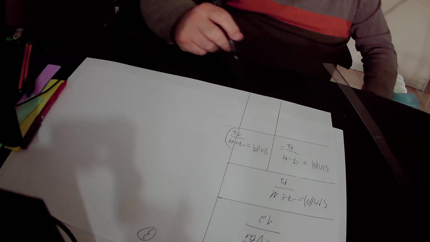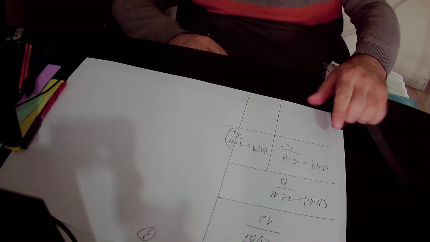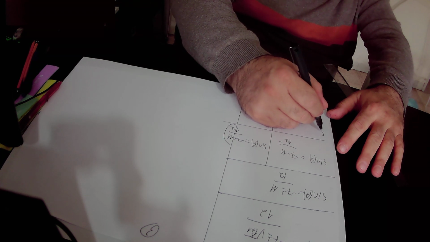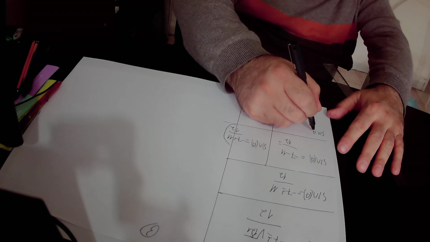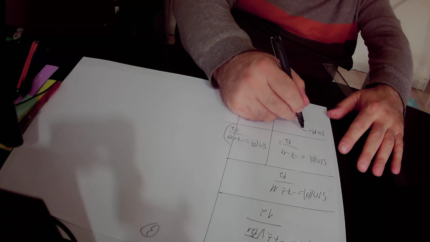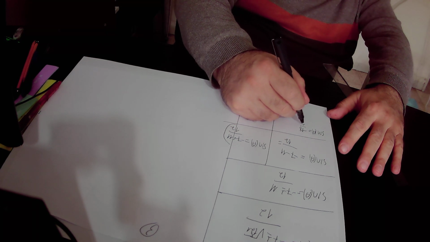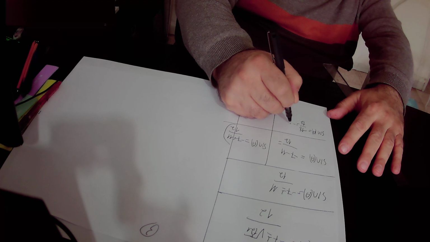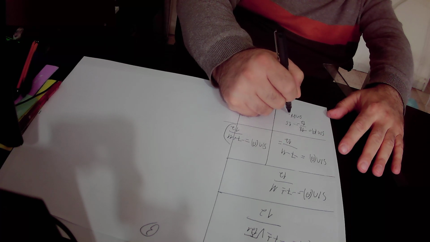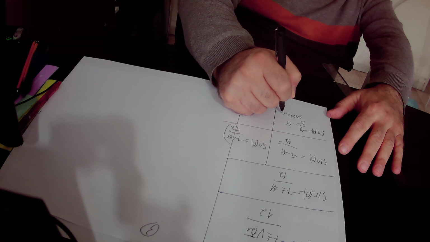So we'll focus on the first solution. The first solution is that sine theta equals minus 7 minus 11, which is minus 18. Minus 18 over 12 is minus 1.5. So we found that sine theta equals minus 1.5.